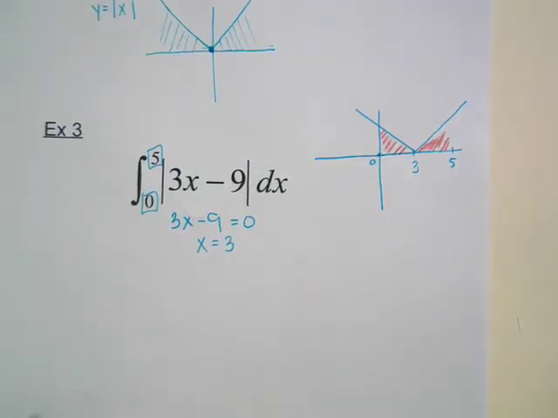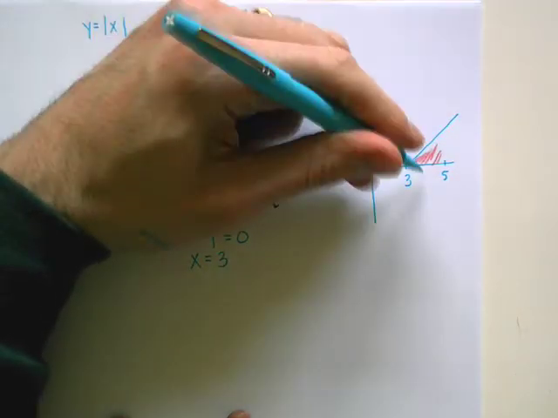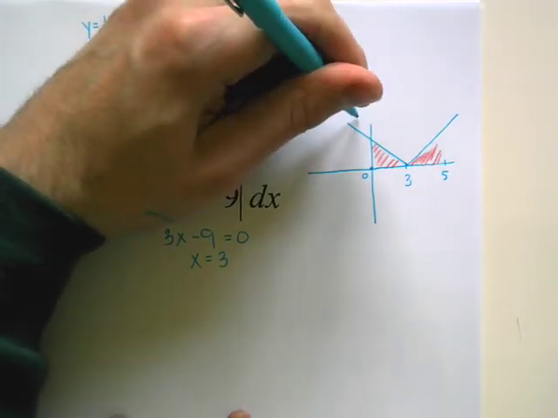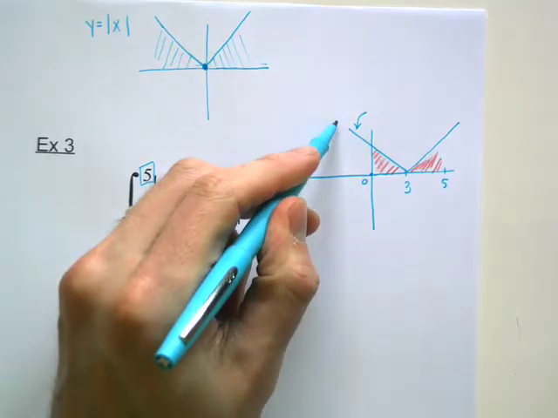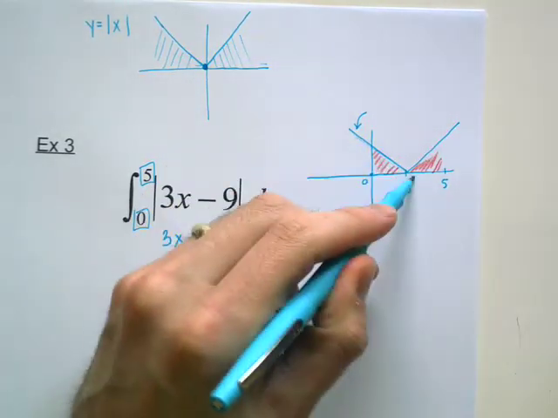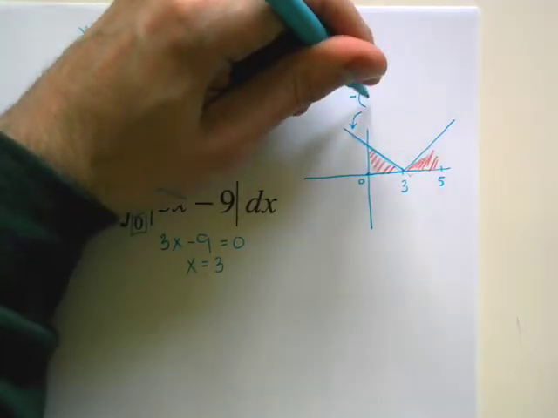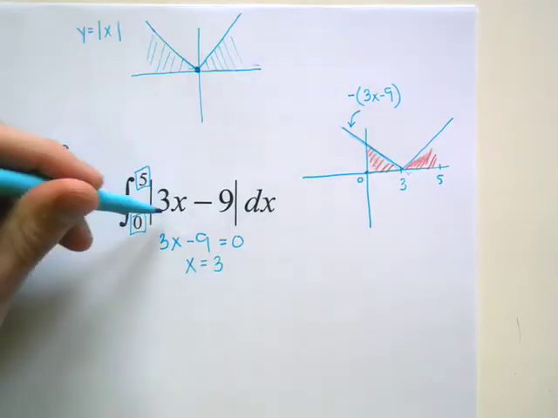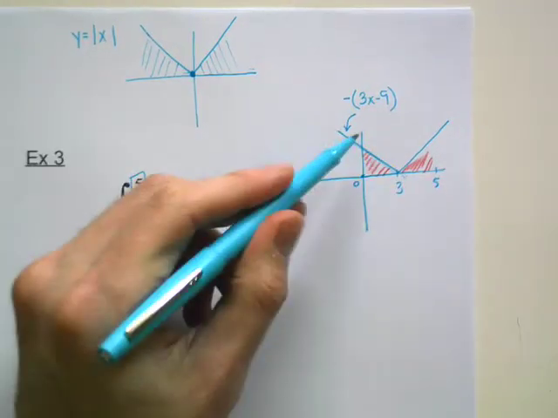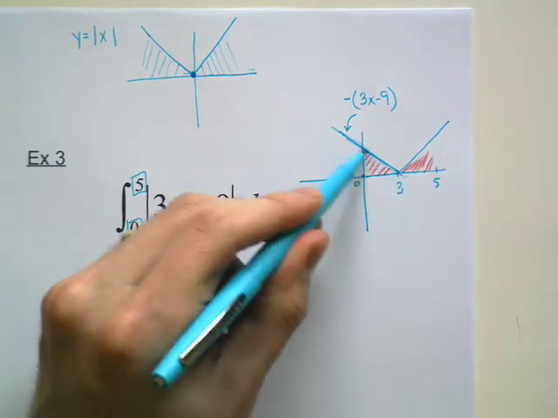The issue here is you have two lines going on. When you see it like this, the line that has a negative slope, that slopes downwards, is the same thing as writing negative 3x minus 9. It's just taking your function 3x minus 9 and making it negative because your slope is negative.